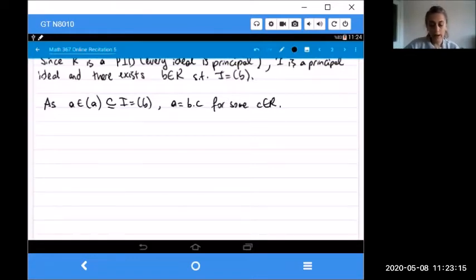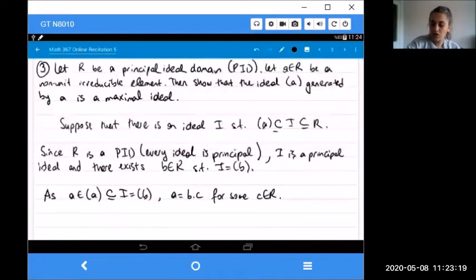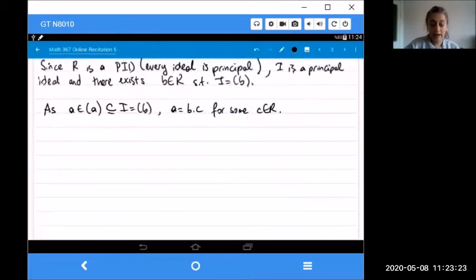But we know that A is an irreducible element. It was given in the question. This means that either B or C is a unit, since A is irreducible.